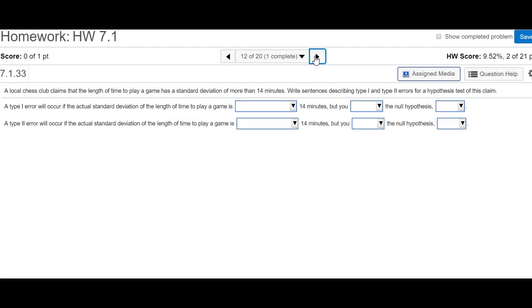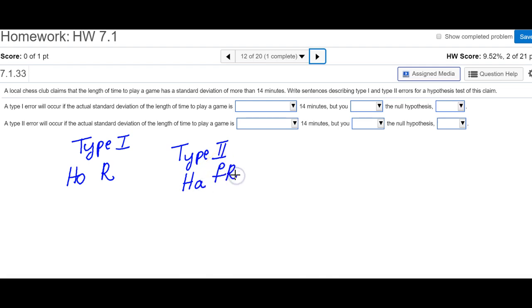Type 1, Type 2 errors. Before I do that, I want to go ahead and write down what Type 1 and Type 2 errors are. Remember the shortcut we talked about in class? Type 1 is H0 and R. Type 2 is HA and FR, which is fail to reject.